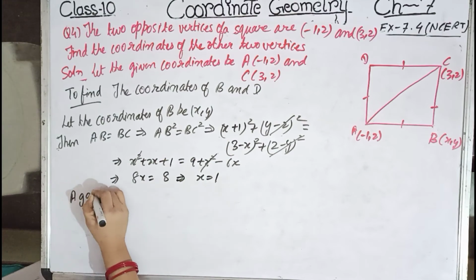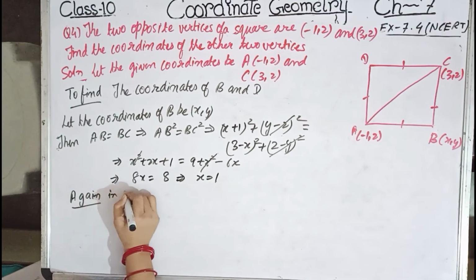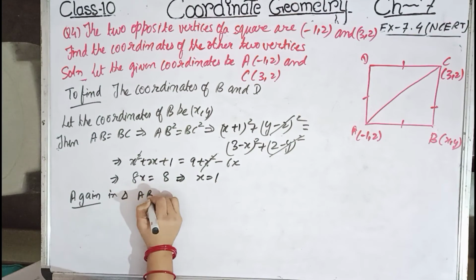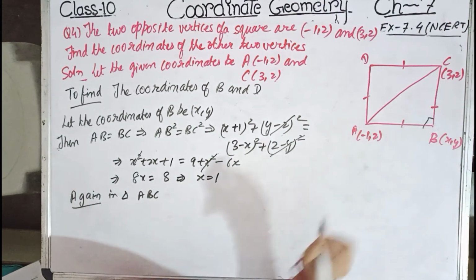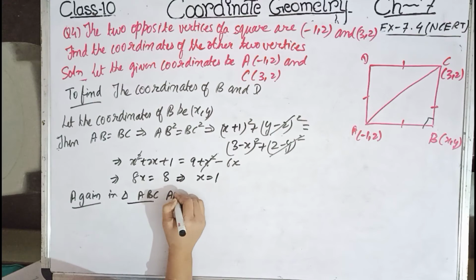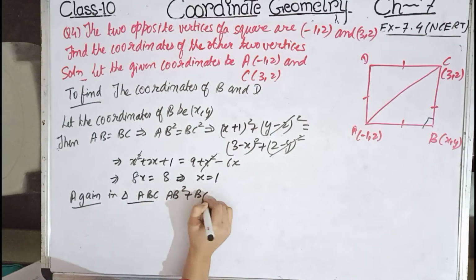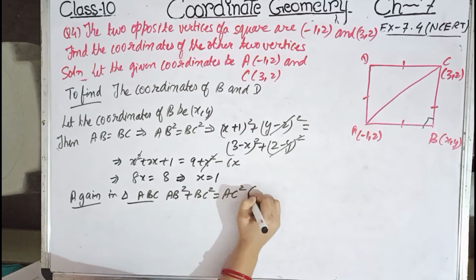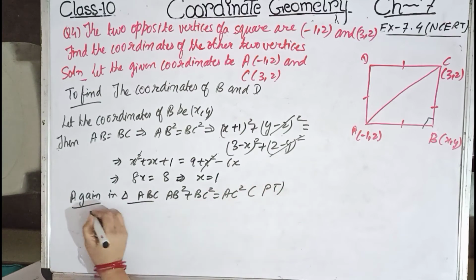Again, in triangle ABC, this one is 90 degrees, so AB squared plus BC squared equals AC squared, Pythagoras theorem.